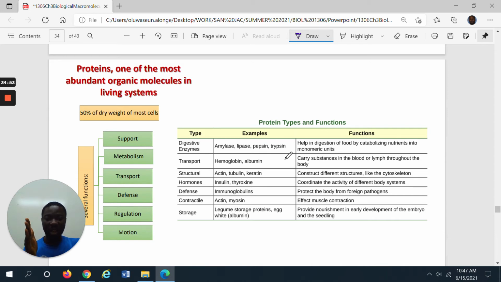Proteins have a structure. If you have done A and P, or you are doing A and P now, you will know that your professor will always say form relates to function. Structure relates to function. No structure, no function.